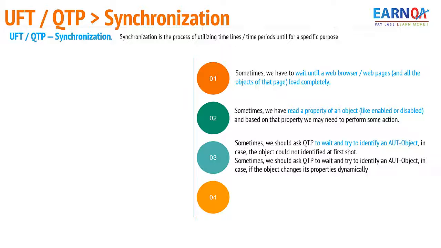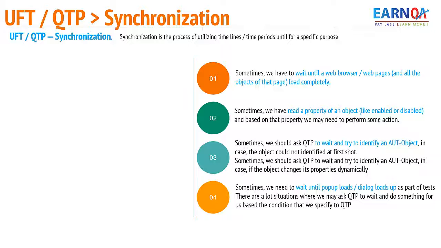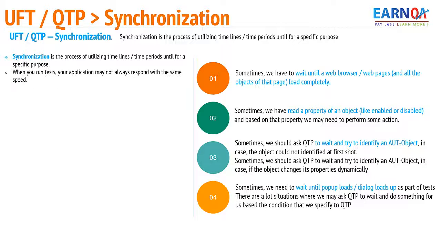Sometimes we want to wait until a dialog box loads completely. To overcome all these instances, the possible solution we have in QTP or UFT is known as synchronization. Synchronization is the process of utilizing time periods or timelines for a specific purpose.